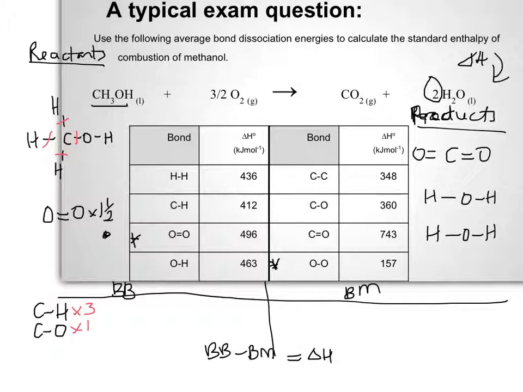We've got an O to H bond, and we've got only one of those, and lastly an O double bond O bond, and that's times 1.5.